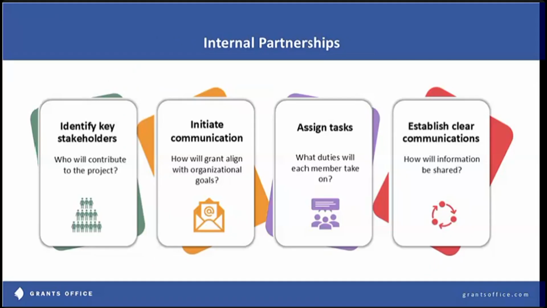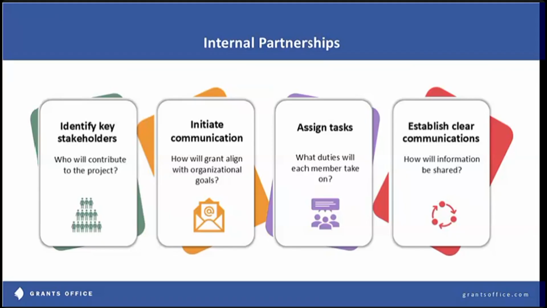For example, internal partners for the Next Generation 911 project you're doing could include a grant writer to write the narrative, the finance team, the IT team, police officers and dispatchers.